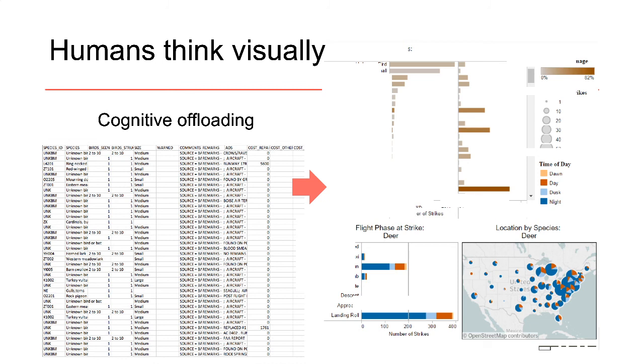On the right is a set of visual analyses done to gain an understanding of when and where and what kind of animals are struck. And it turns out that the most common and dangerous creature for aircraft is the Canada goose. The location for Canada geese is shown here on the map on the right.